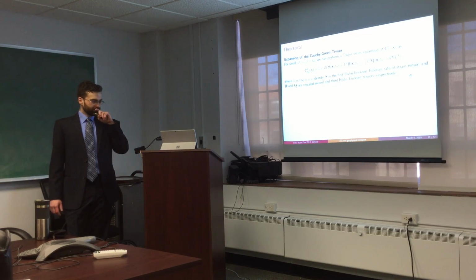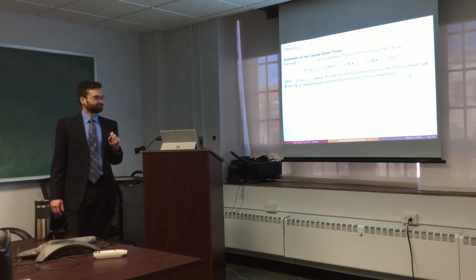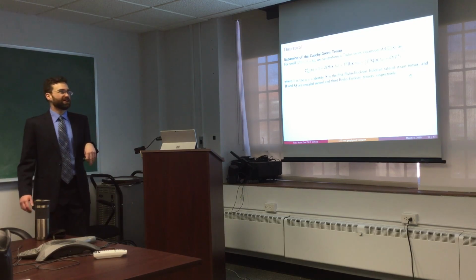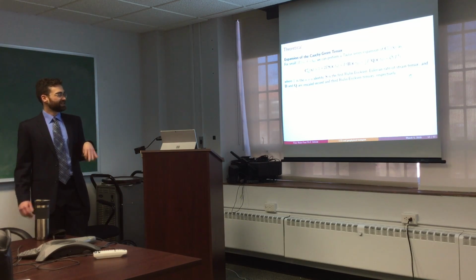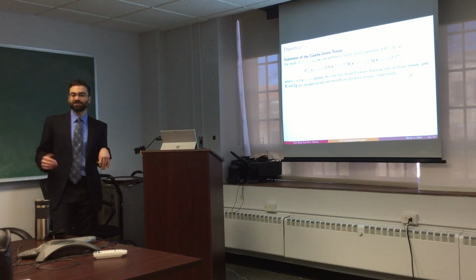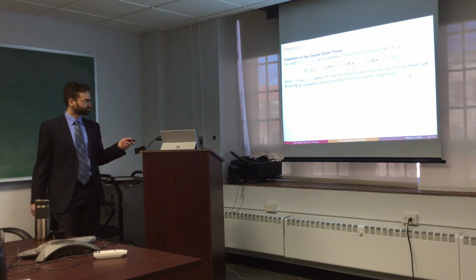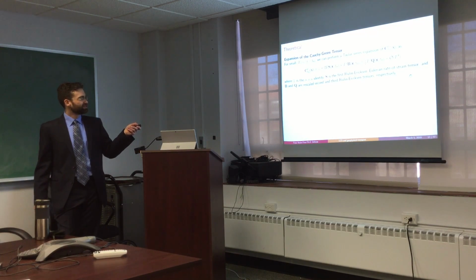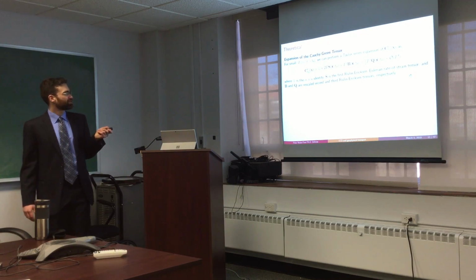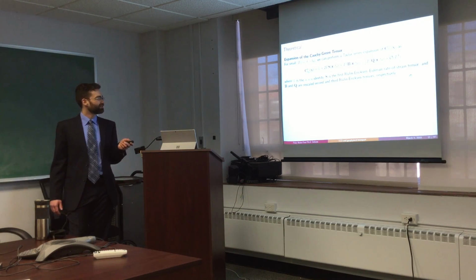So, to dive into this, if you look at the Taylor series expansion of the Cauchy-Green tensor, you get this term here. We find that to a leading order, to a first order, it's a multiple of the Eulerian rate of strain tensor.